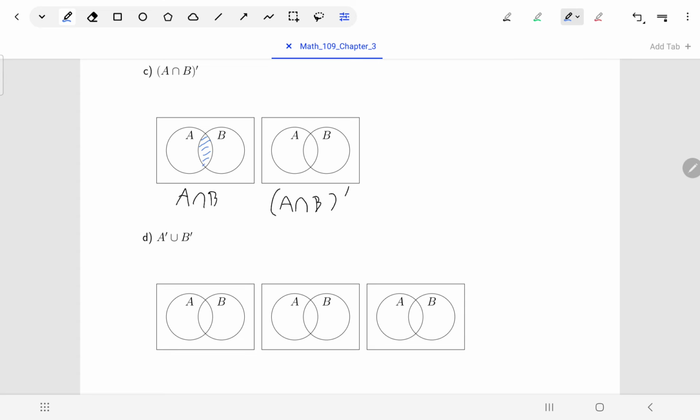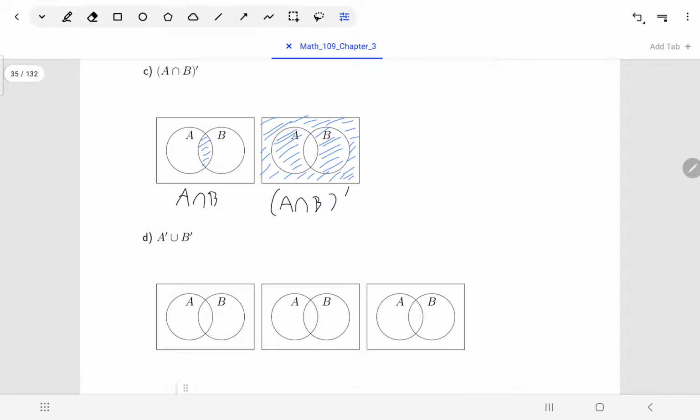And it's just in that little slice there. So A intersect B complement, who didn't I shade? Well, that would be all the stuff that's on the very outside, as well as the stuff that's just inside of A, as well as the stuff that's just inside of B. So everybody except for the very middle.